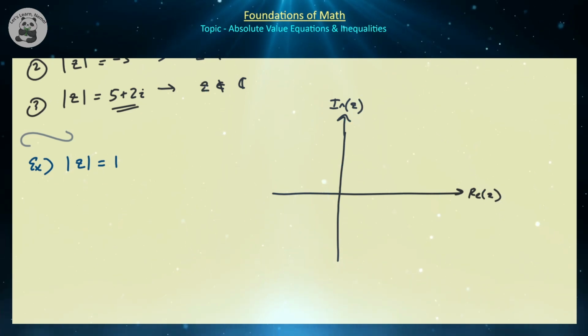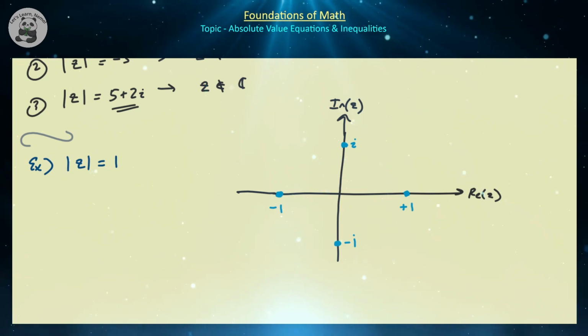We know that 1 and minus 1 will satisfy this, right? That's positive 1 and negative 1. And we also know that if we take the absolute value of i and minus i, the absolute value of those will also be 1 as well.